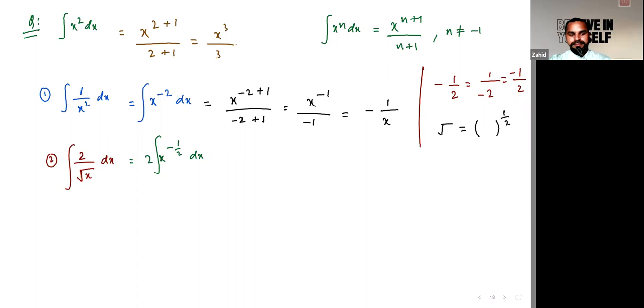Good, Nabila. Nashi, you have left the coefficient 2. Otherwise, your answer is correct.